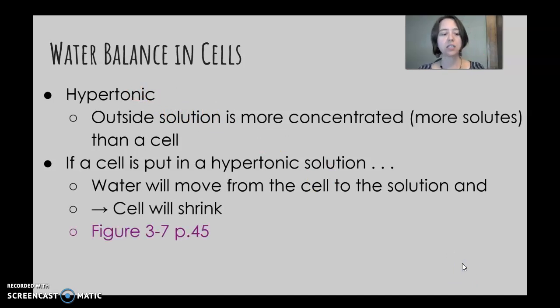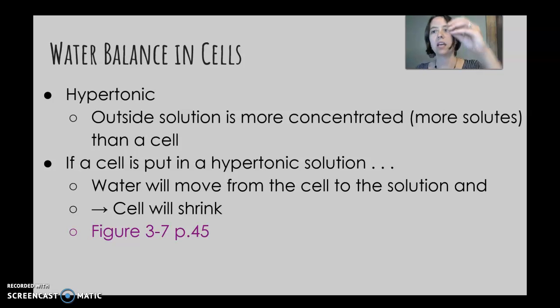And again, there's a nice picture on page 45, figure 3.7, and we did this experiment in biology where we had dialysis tubing with a 20% solution of sugar, and we put it in a solution of 20%, and it stayed the same. Then we put it in a solution of 0%, which would be hypotonic, and the water went into the cell and it swelled.